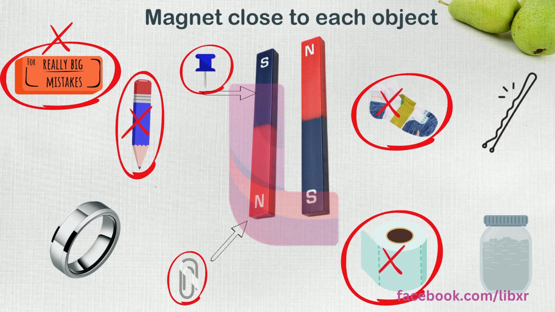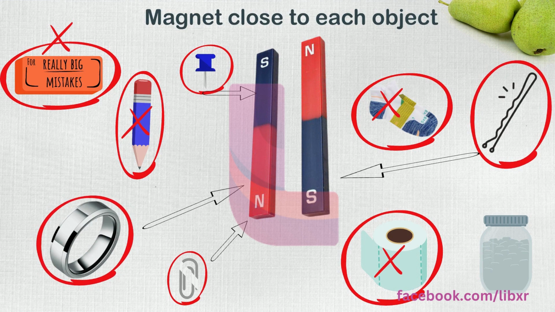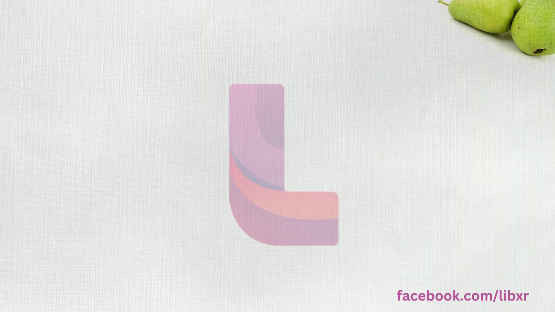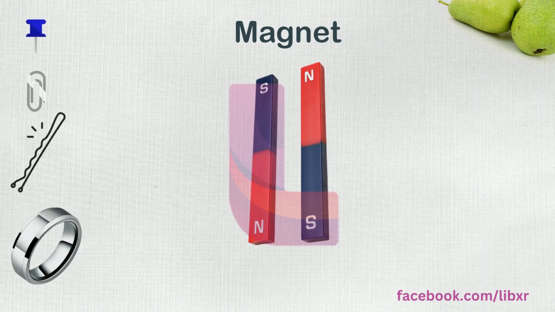See, the magnet pulled up the hairpin and the steel ring. Oh, the glass jar did not stick to the magnet. So, from the experiment, we found that the nail, paper clip, hairpin, and steel ring are attracted towards the magnet.